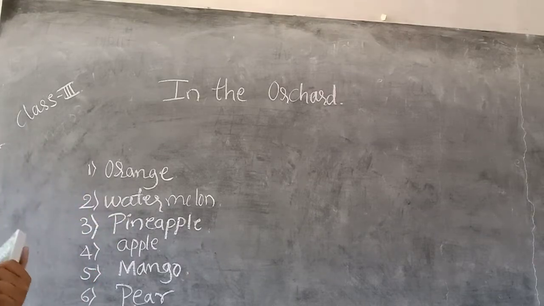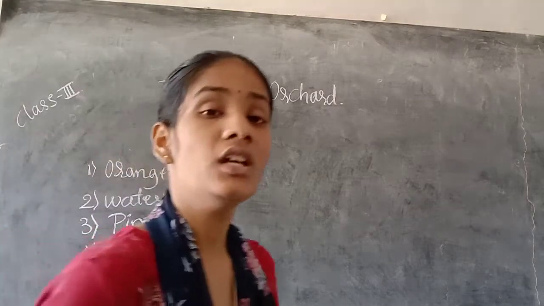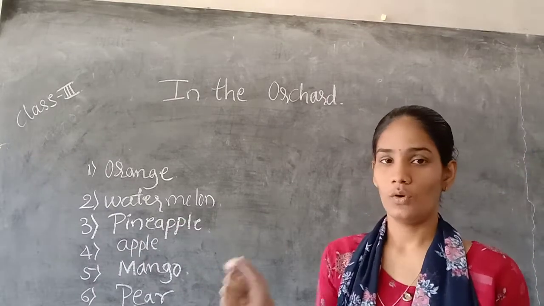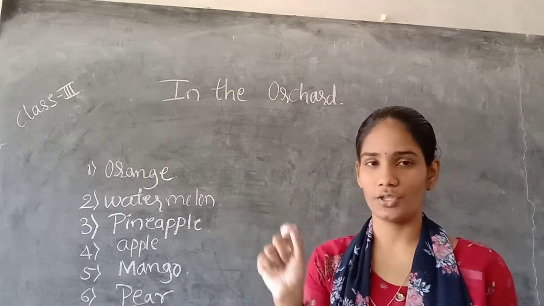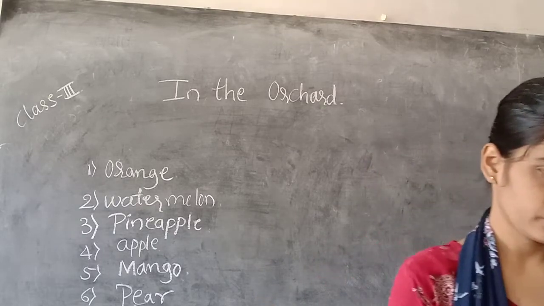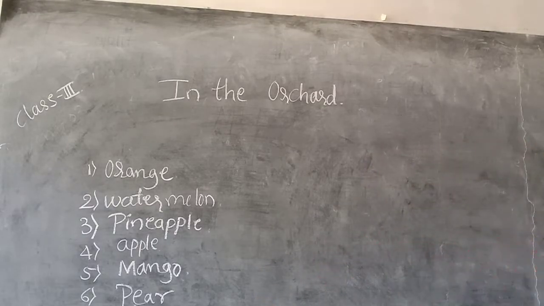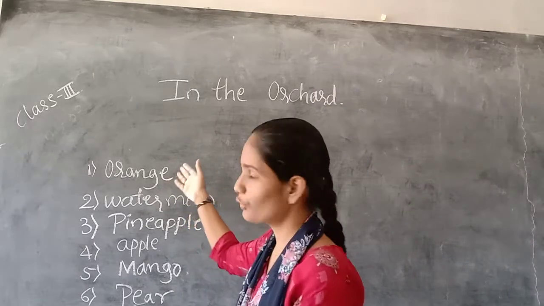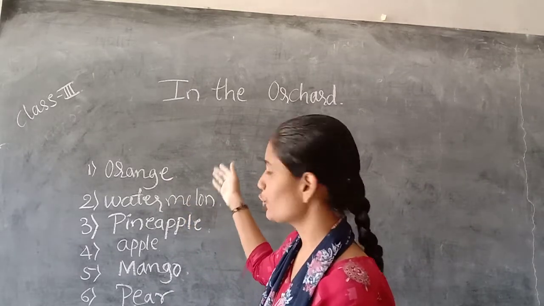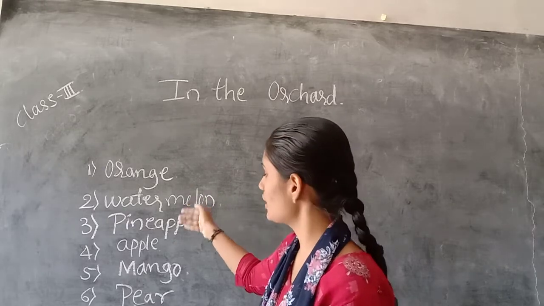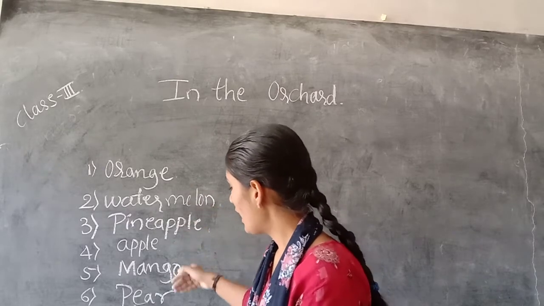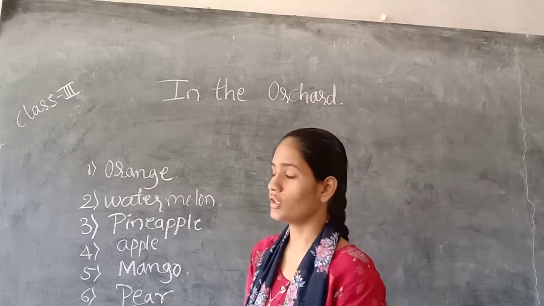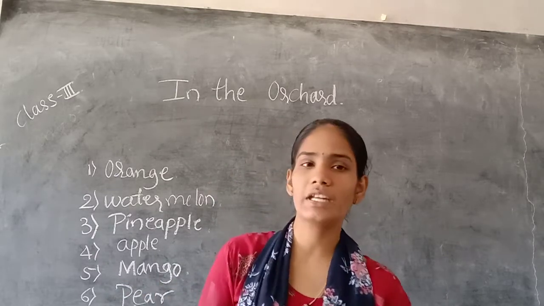So you have to join the pictures with the correct words. Students, make it up. Join the words with the pictures. These are all names of fruits. Orange is a fruit, watermelon is a fruit, pineapple is a fruit, and apple, mango, pear, plum, all these are names of fruits.